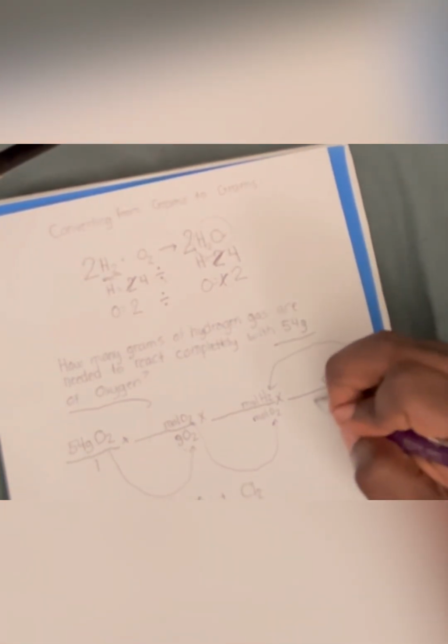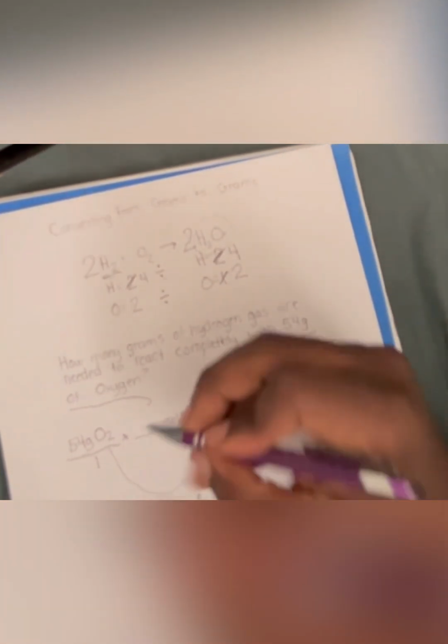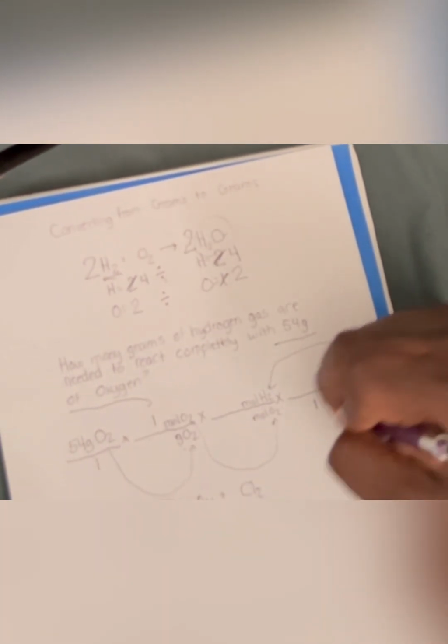So now we're going to have to find the molar mass of everything. And remember, for the grams, 1 mole is equal to that molar mass. So whenever you have grams, just know the mole of that is 1.